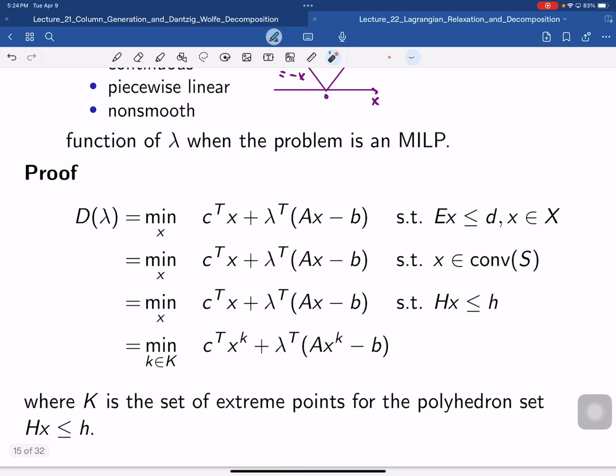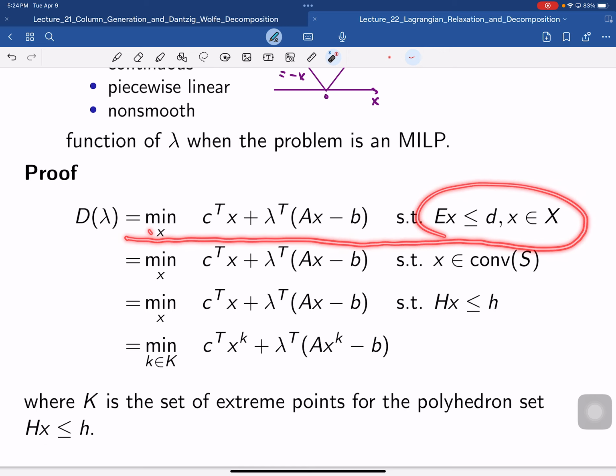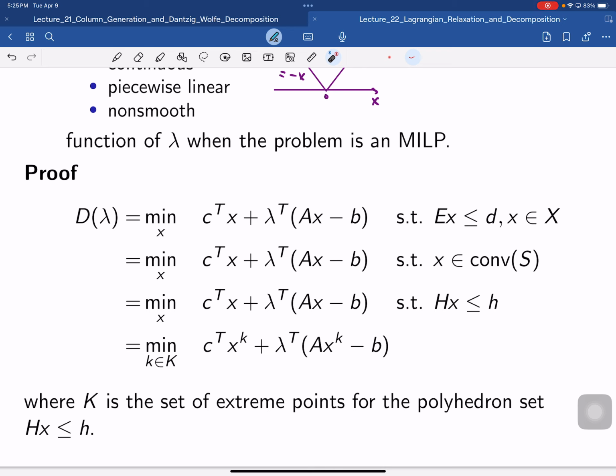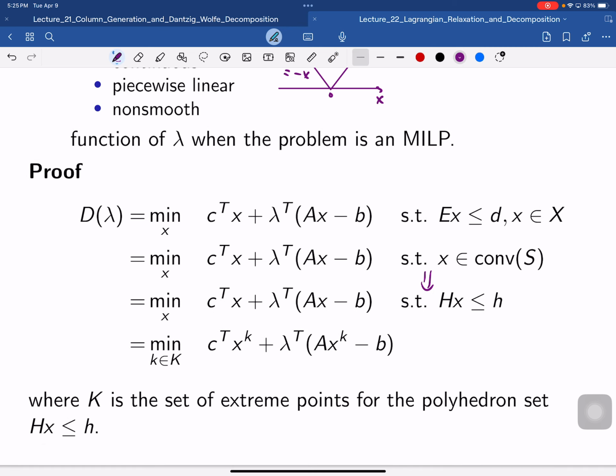By definition, d lambda is the minimization over x in this MILP region, and we know that this is equivalent to minimizing over the convex hull of the feasible region. By Meyer's theorem, from here to here, the convex hull can be described by those linear constraints.